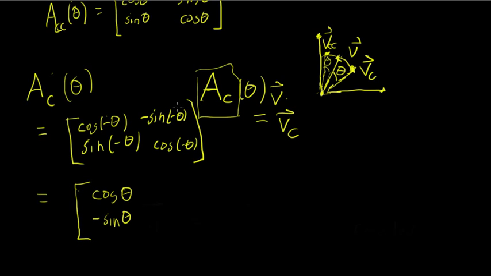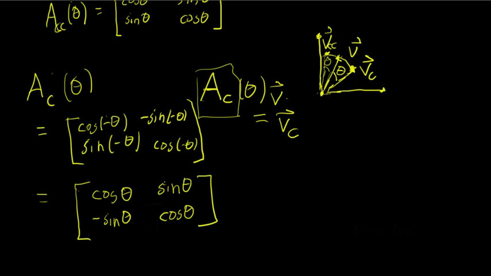Again, sine is an odd function. Sine of negative theta is negative sine of theta, but we have another negative sign in front of that, so this is positive sine of theta. Cosine is an even function. We have cosine of negative theta. That's equal to cosine of theta. So here is our matrix for this clockwise rotation transformation.